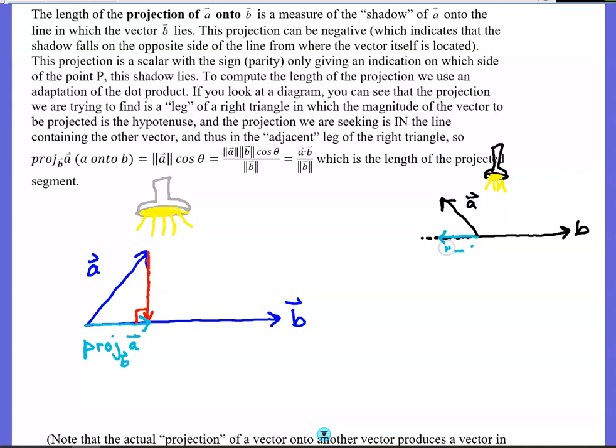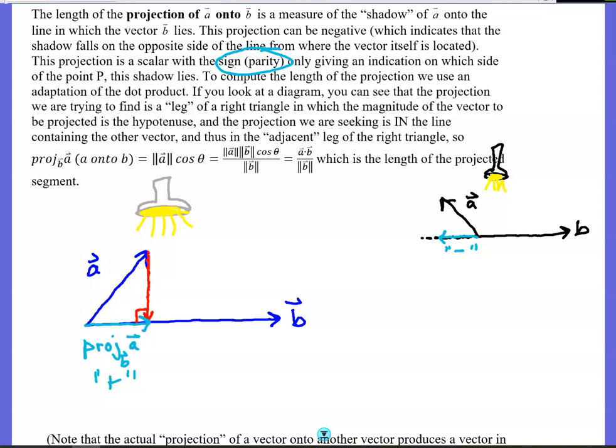So this would have a negative projection value, whereas this would have a positive projection value, if that makes sense. And again, it is a scalar. This length of projection is a scalar. The sign just indicates the side that it's headed.